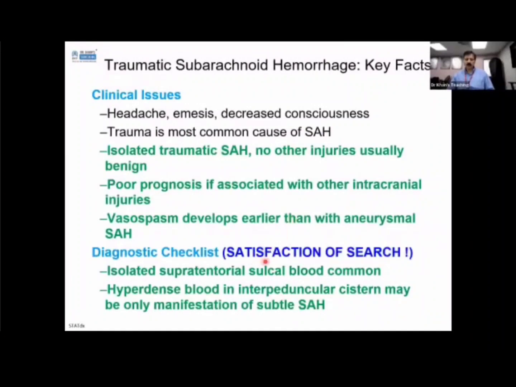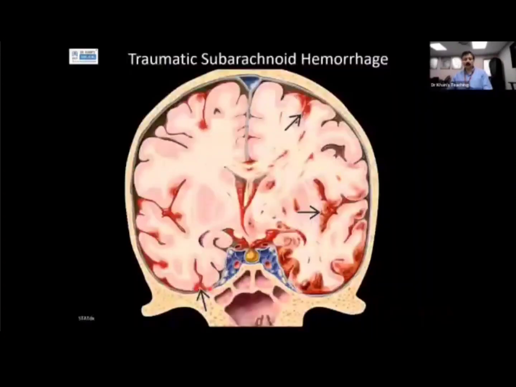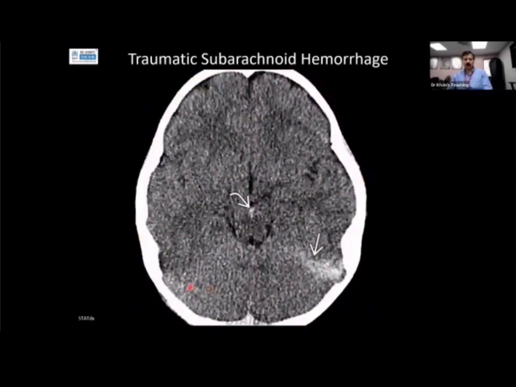Now, satisfaction of search: isolated supratentorial sulcal blood, or blood in the interpeduncular cistern, may be the only manifestation of subarachnoid hemorrhage. Look here, there was a subdural here, and within the interpeduncular cistern, there is a bit of subarachnoid.